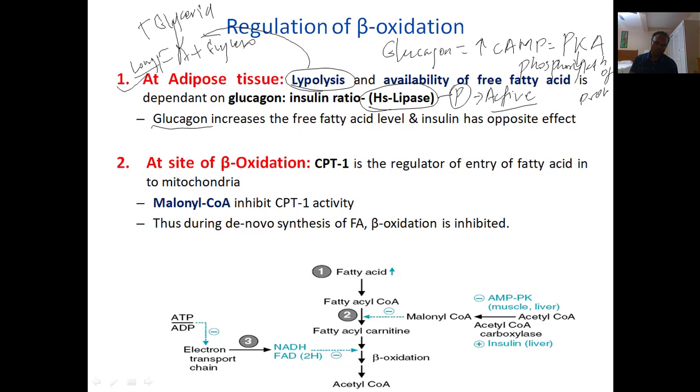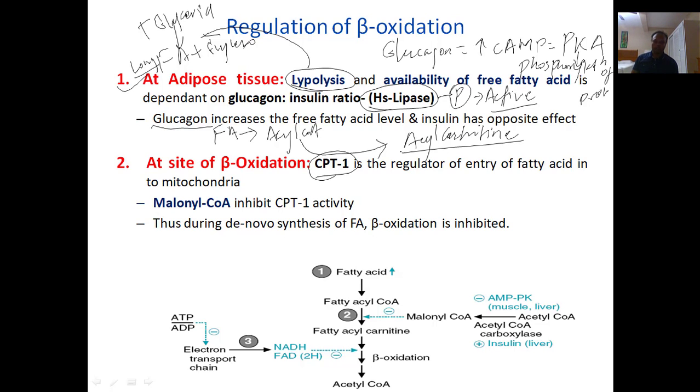In liver and muscle, this fatty acid will be activated into acyl coenzyme A, and this acyl coenzyme A will be converted into acyl carnitine by this CPT1.